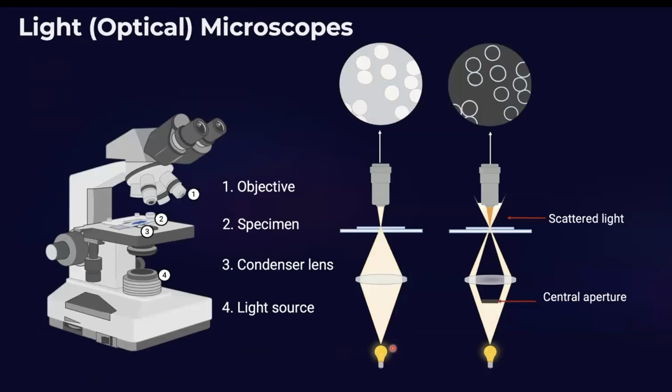Today, if you look at optical microscopes, they have a few things in common. They have an objective lens, they have eyepieces, they have a specimen chamber or holder, condenser lenses, and a light source. You can take both dark field and bright field images. And this optical microscope has nowadays evolved.